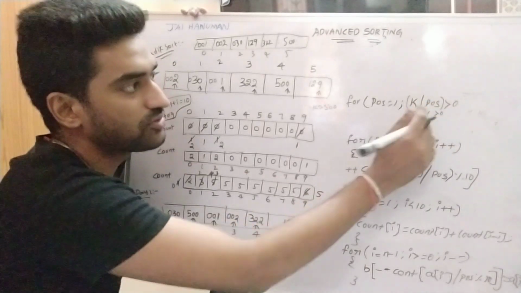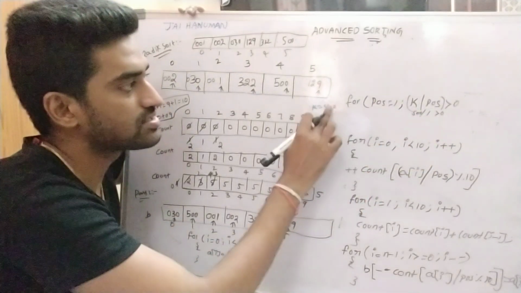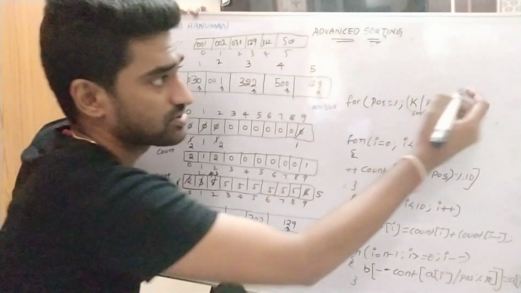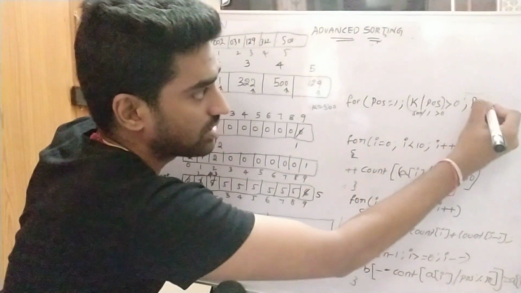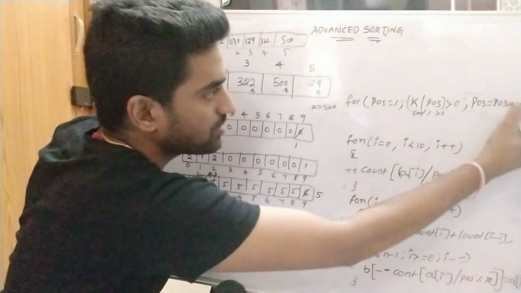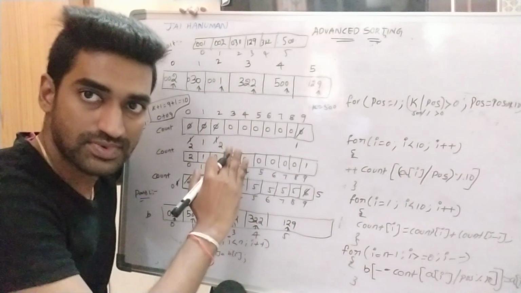So what is the value? 500 by 1 is 500, right? So 500 greater than 0, the condition is true, so we can execute this procedure for the first position. Initially position is equal to 1. After completion of position 1, position is equal to position into 10.